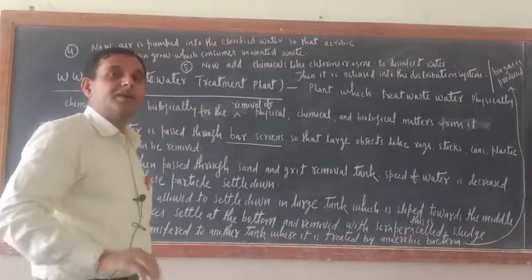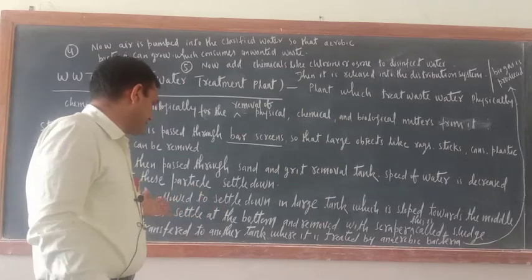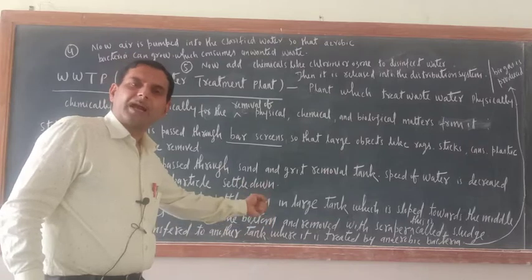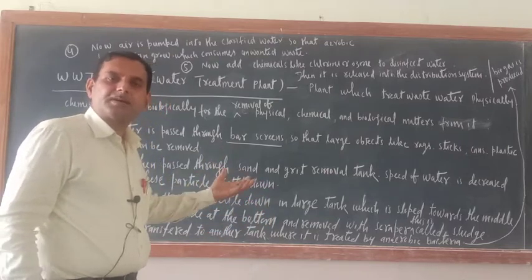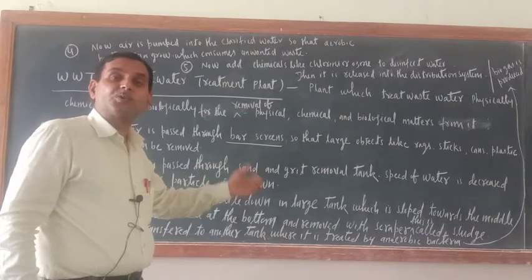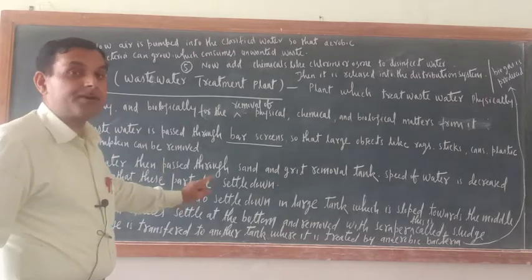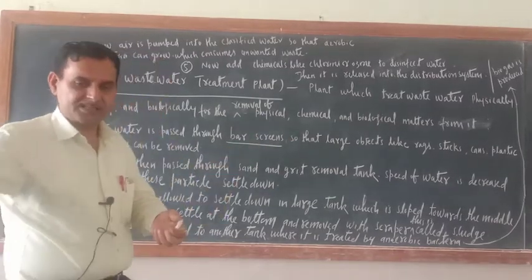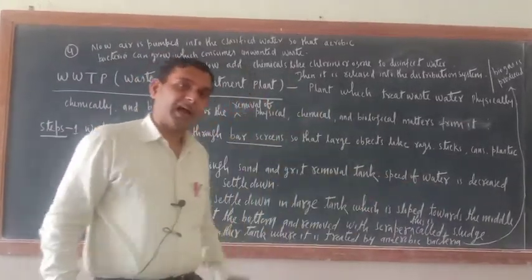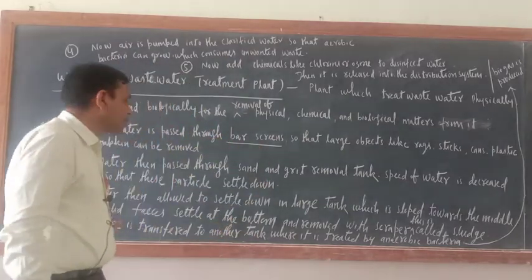In the big tank, solid feces, human waste, will be settled at the bottom, and with the scraper these are removed. The settled part which is removed with the help of the scraper is known as sludge. Now this sludge is transferred to another tank, and there anaerobic bacteria is allowed to develop.